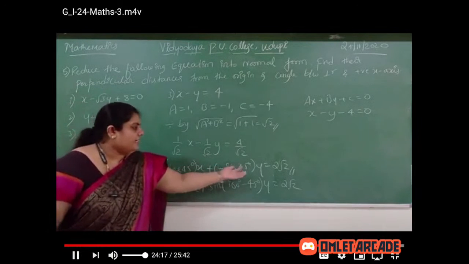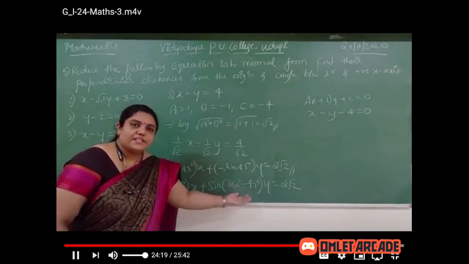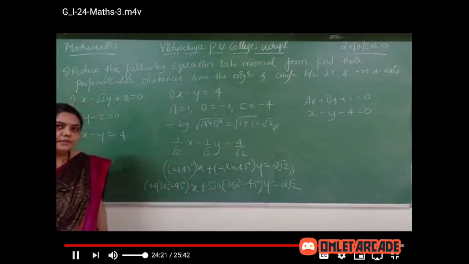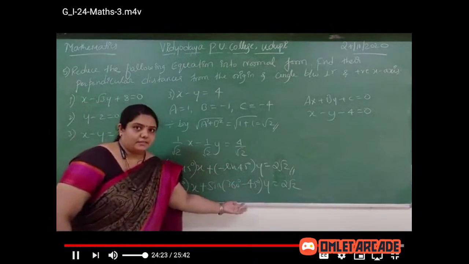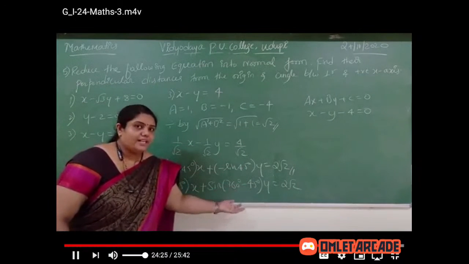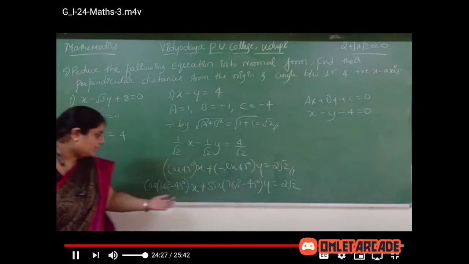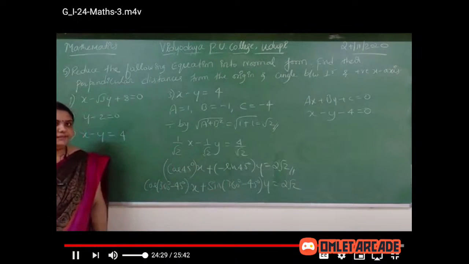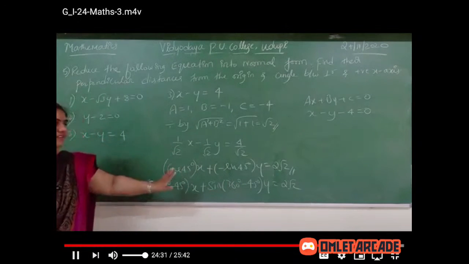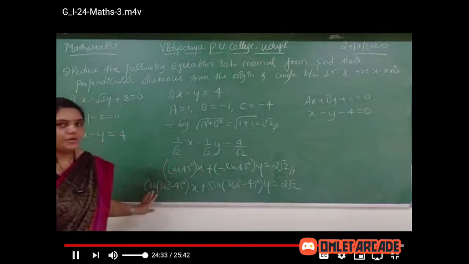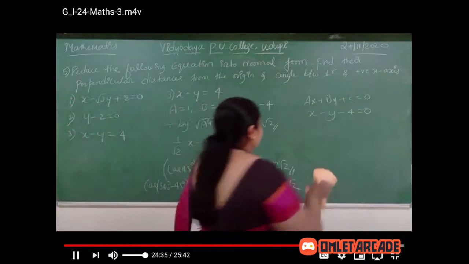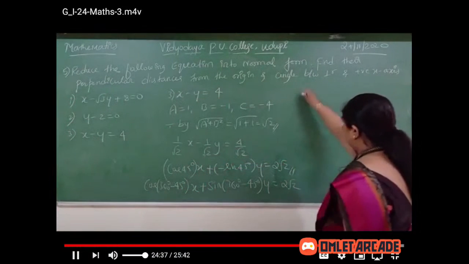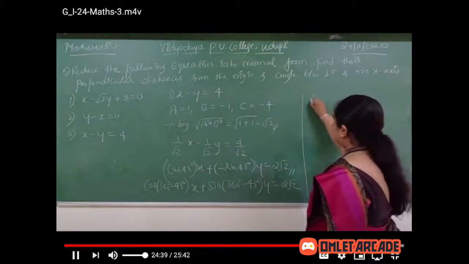Can I write instead of minus sine 45 as sine of 360 minus 45 degree? And to balance this, omega should be the same in both the cases, right? Can I take here also as 360 minus 45 degree? Finally, it is in the form of, see, positive. Everything is positive here. So, let me write the equation.